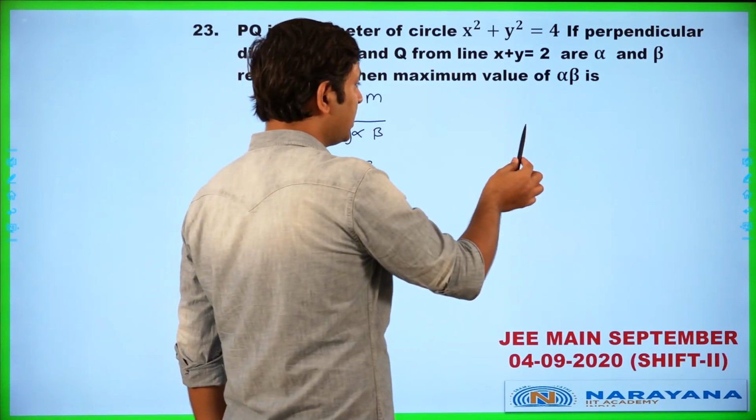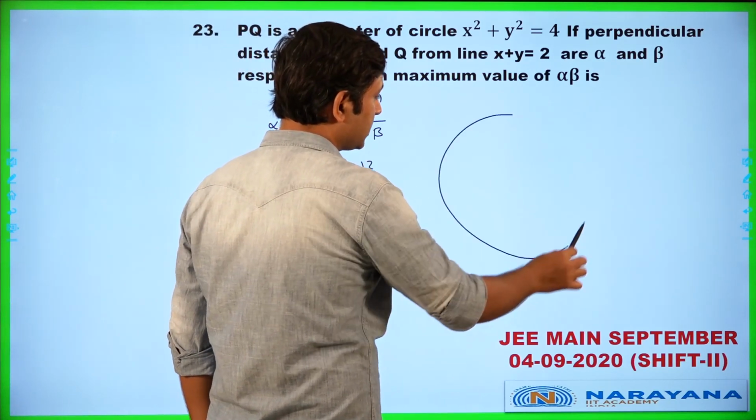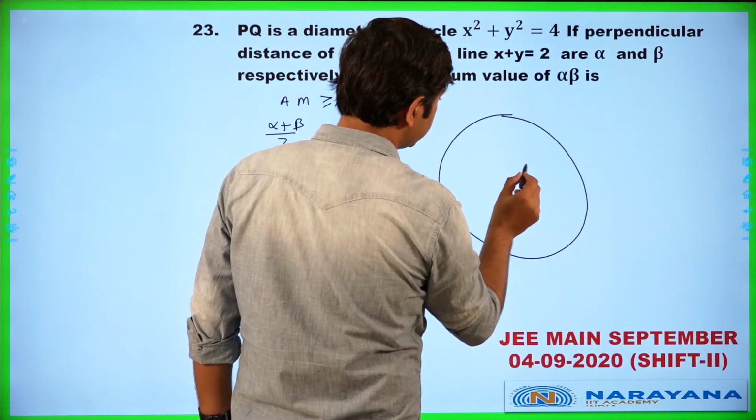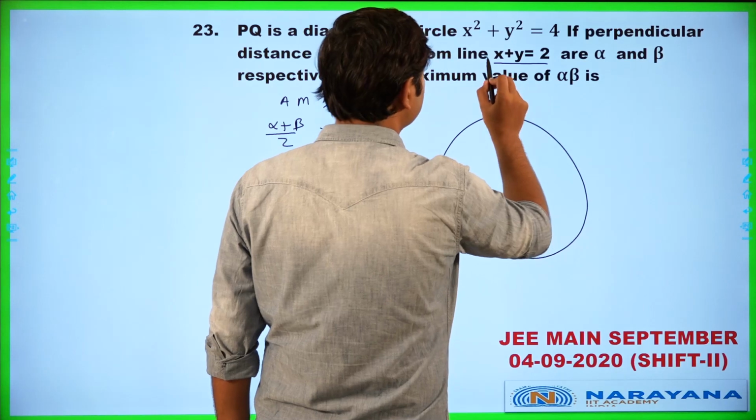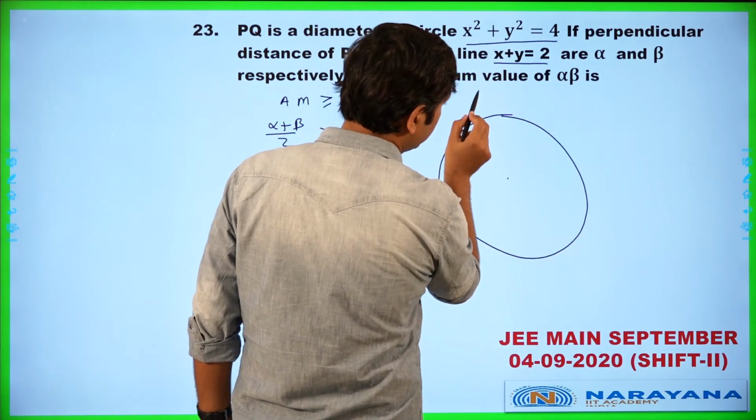To get the sense of alpha plus beta, we will draw the circle and we will see this line. The circle x square plus y square is equal to 4 and the line x plus y is equal to 2 cuts the circle x square plus y square is equal to 4 at 2 points.